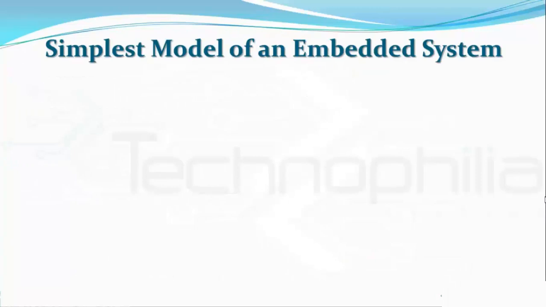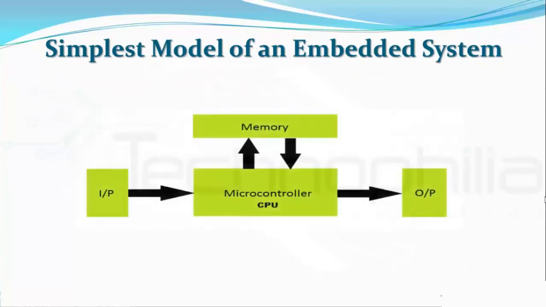It is a simple representation of an embedded system which contains the essential components. Basically, the input and output devices are nothing but sensors and actuators or motors. The CPU is basically a microcontroller in which inbuilt read-only memory or flash memory is commonly used to store the user programs or firmware.